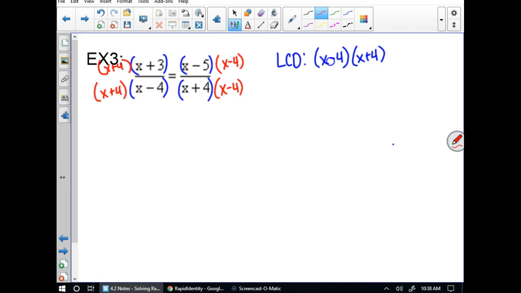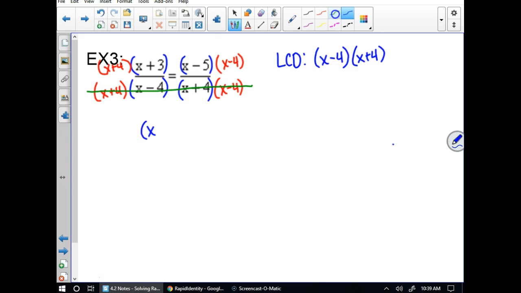But at this point, I've got the denominator here is x plus 4, x minus 4. The denominator here is x plus 4, x minus 4. All right. So since I have the same denominator, is it okay with you guys if I don't write a separate step, if I just go ahead and cross my denominators out since they match? So that leaves me with, make sure, and the kids that mess this up, I do this in math too.